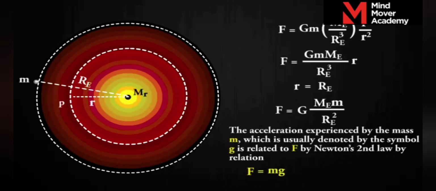F is equal to mg. g is equal to F upon m is equal to G Me upon Re raised to the power 2. Acceleration g is readily measurable. Re is a known quantity.